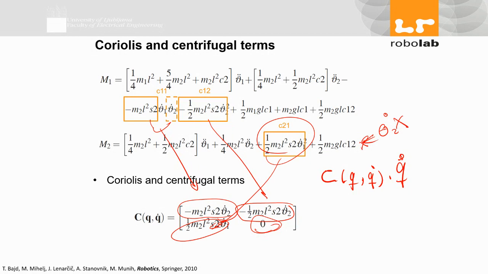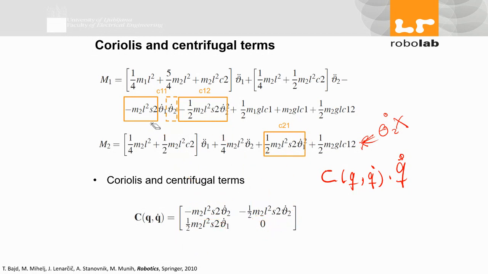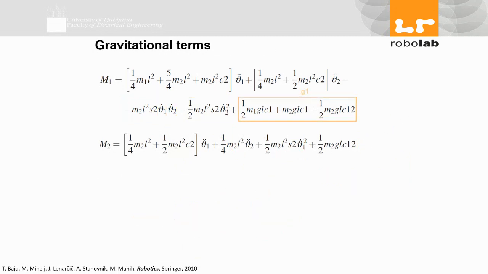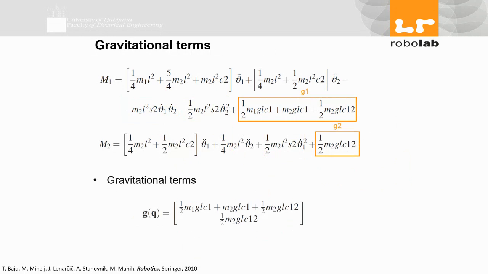It's not related to theta 2. Listen to here. Okay, this is my matrix C, and for the gravity, I have these components of gravity here and this component of gravity here.